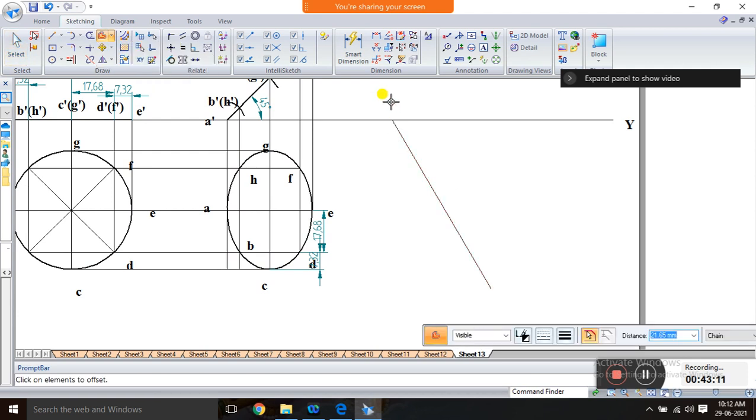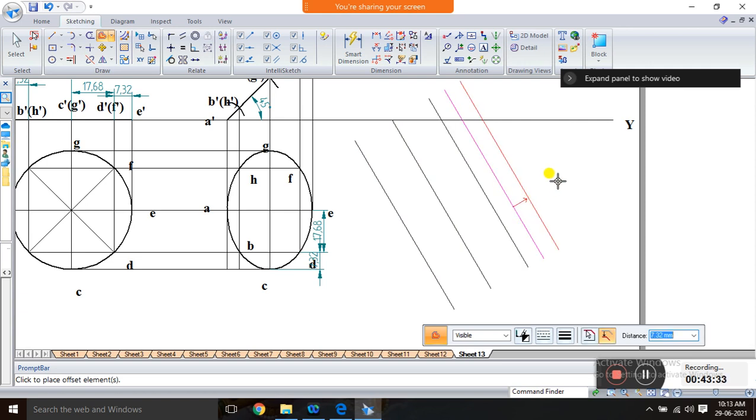Place it on this, and with a distance of 17.68, draw a line. Like this you have to draw two lines, and similarly from here it's a distance of 7.32. So use the same roller.